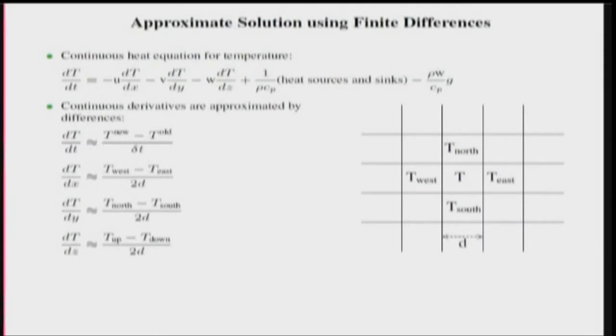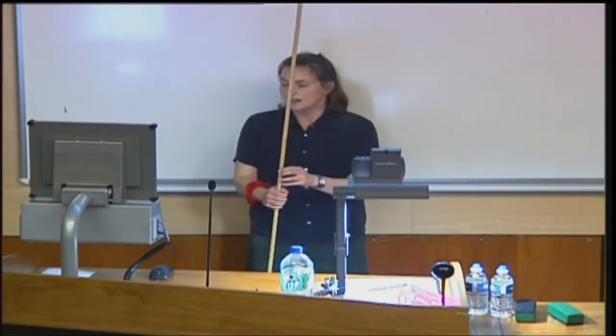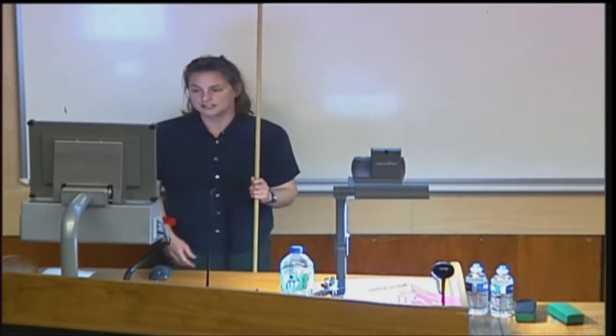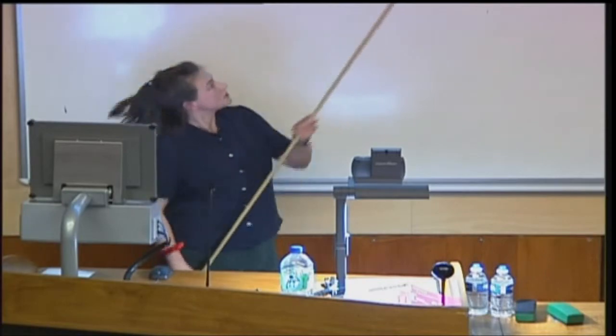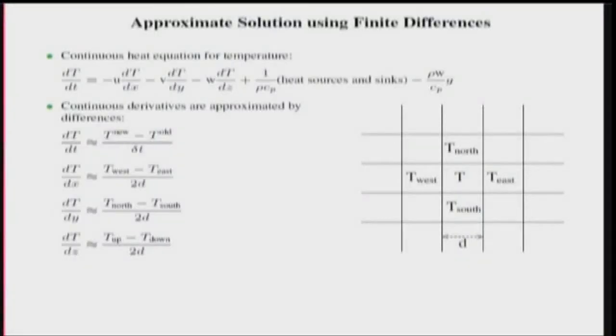The simplest way of doing this is to say, I want to know my temperature T here in this grid box. So I need to calculate dT/dt, dT/dx, dT/dy, and dT/dz. I'm assuming I know the wind, because that's calculated by another part of the climate model.